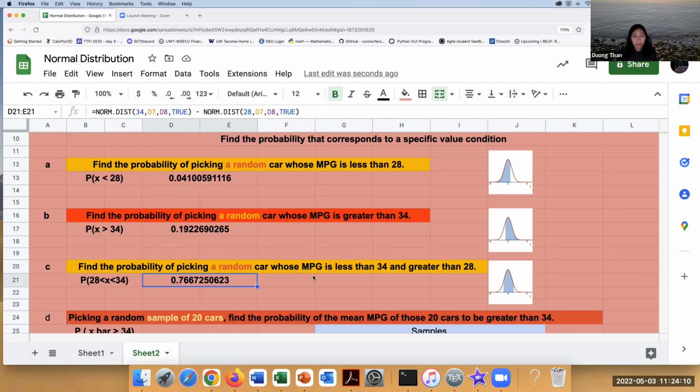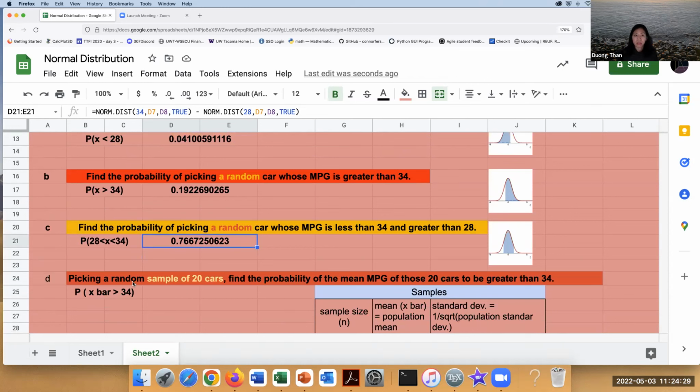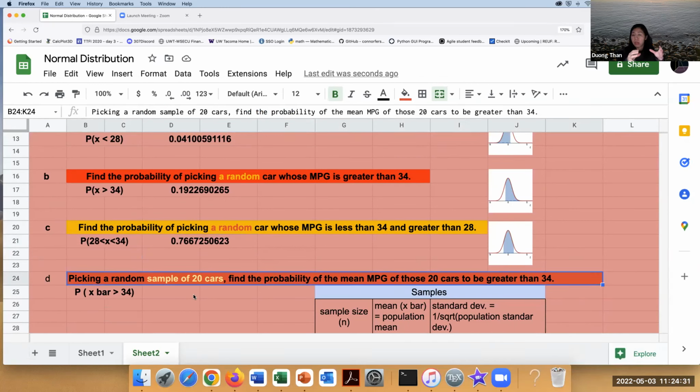All right. So these three examples here show how to use properties of normal distributions in order to answer questions about picking a random car from the population. The next questions will address the probabilities of the mean of a sample of a population.